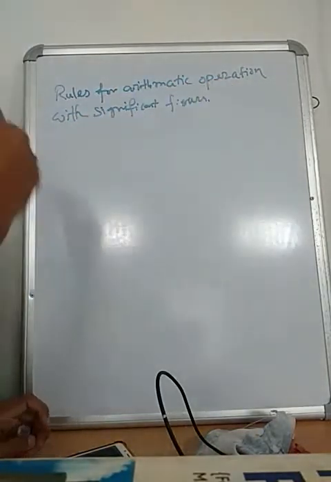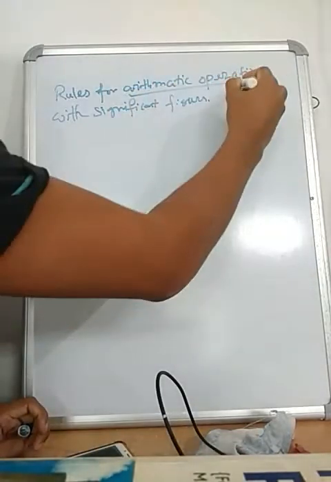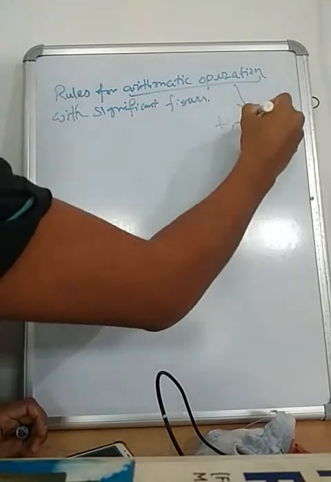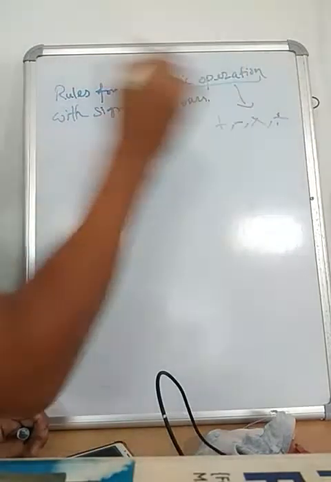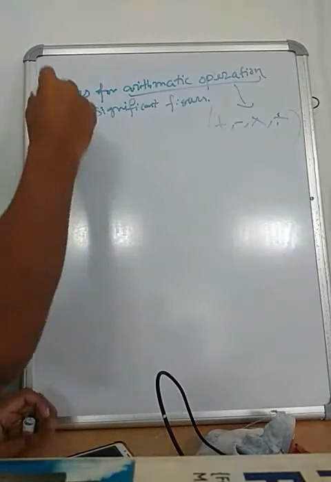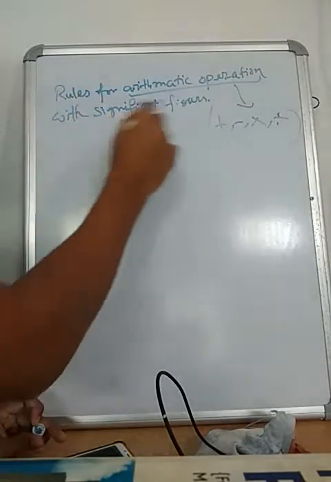Arithmetic operation means plus, minus, multiplication, division. These are the rules for arithmetic operations with significant figures.